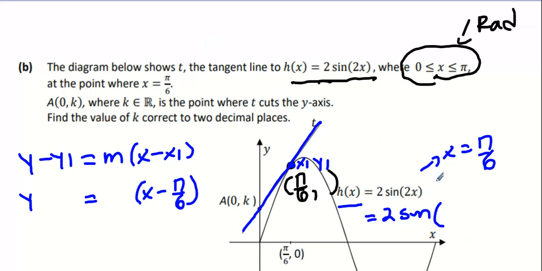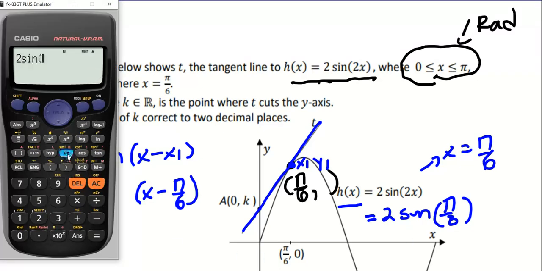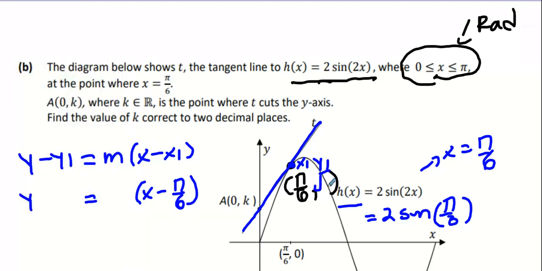So I do 2 times sine pi over 3. Now I need to be in radians. And I get root 3. So root 3 is this other region here. Okay, so y1 is actually root 3.